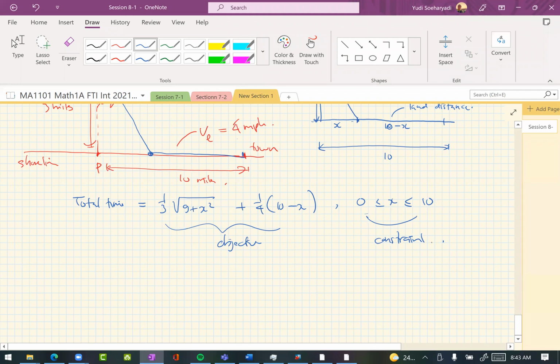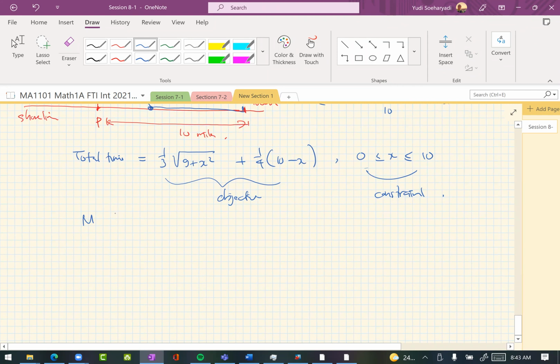All right. When you get these formulations, it's basically about half of the work that you need to do actually. So next is to minimize the total time.